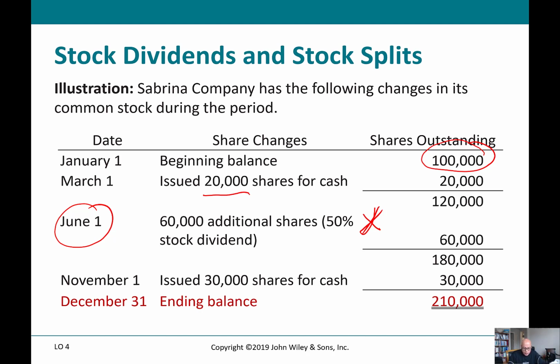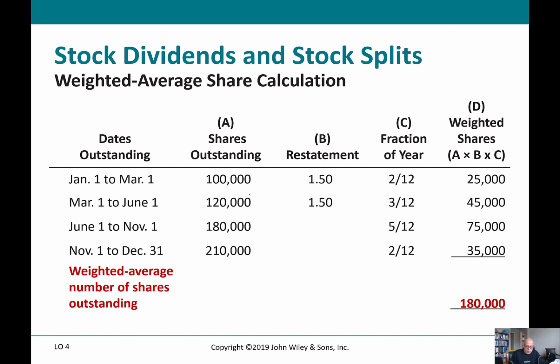So it's not 30,000, it's 20,000 times 1.5. It is 30,000. If you take the 100 and you issue those 20,000 additional shares and you multiply that 1.5, 120 times 1.5 is 180,000, or you could look at it as 150 plus the additional 30,000 shares got us up to 180.